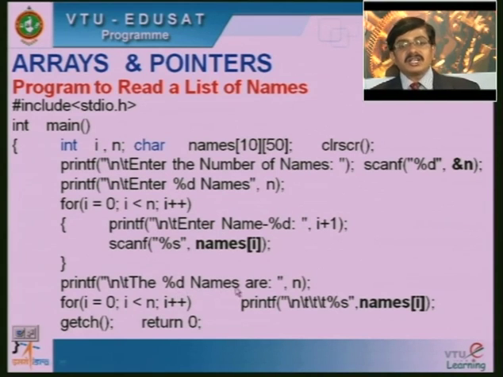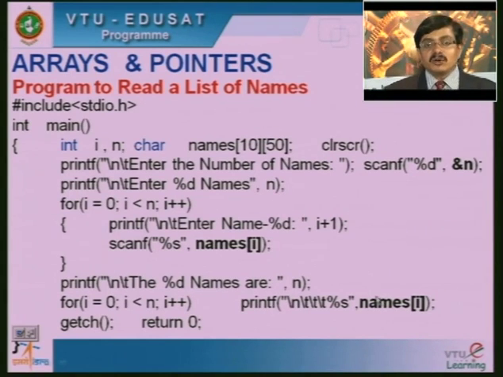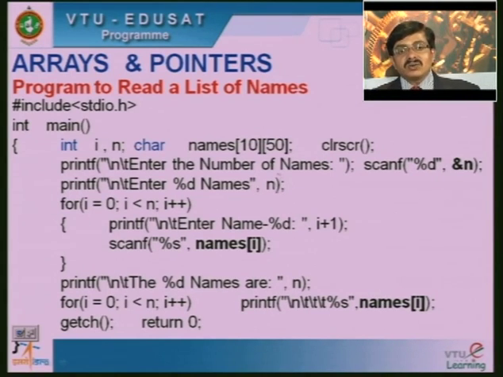The %d names are: based on the n value, we display that message, and then we print them again using the same construct, names of I. We are basically using the addresses here. Names of I will hold the address of the ith row in this particular 2-dimensional array of characters we have declared. Basically these are pointers which hold the addresses of the 0th row, first row, and so on based on the index value we mention there.